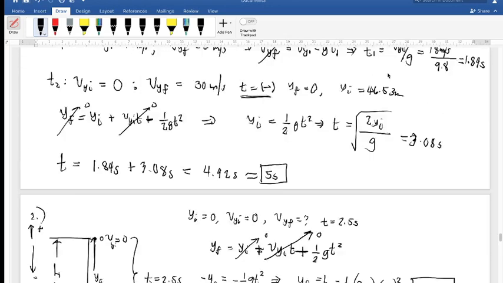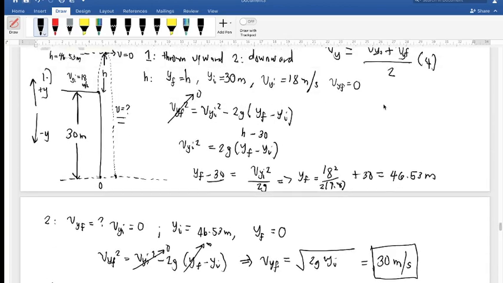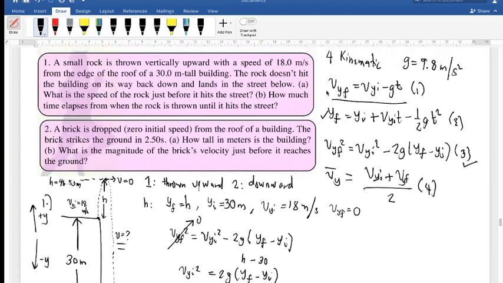So basically we can use equation 1. Okay, kasi yung vyi tsaka yung g at tsaka t is actually naan naman siya. So yeah, we can actually use this one.